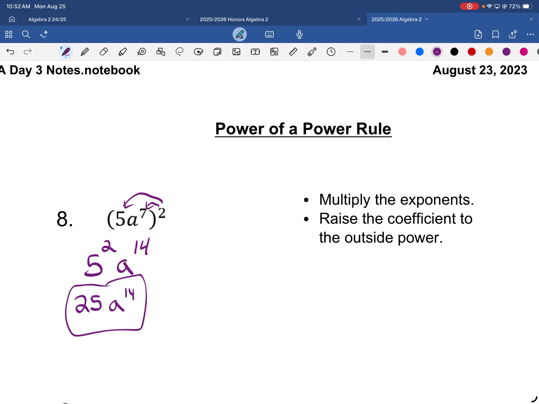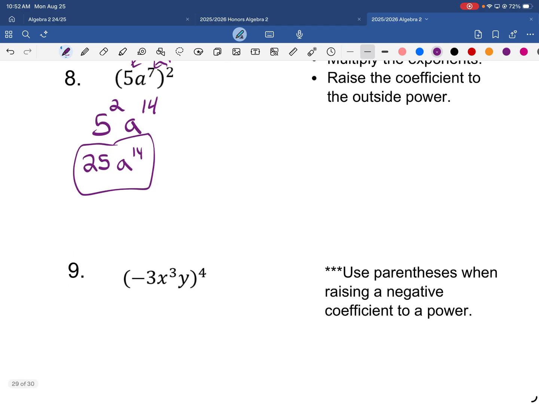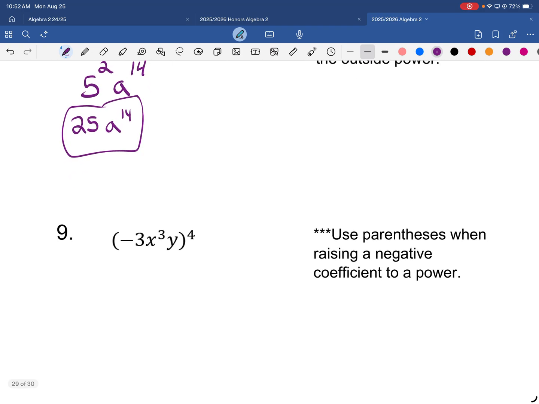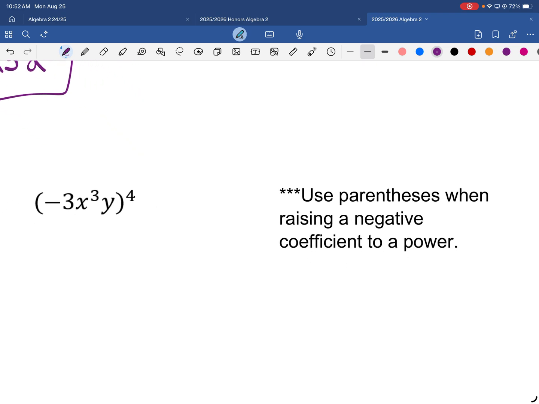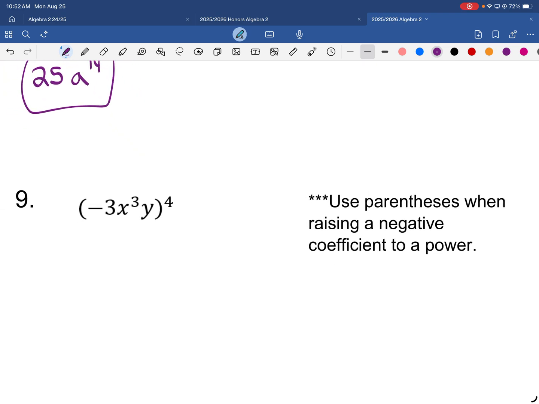There's some little errors that have a tendency to happen when we're doing the power to power rule. Kind of the same thing with this one. This is a commonly missed question, no matter if you're in algebra, algebra 2, pre-calc, calc. This type of question gets missed a lot.